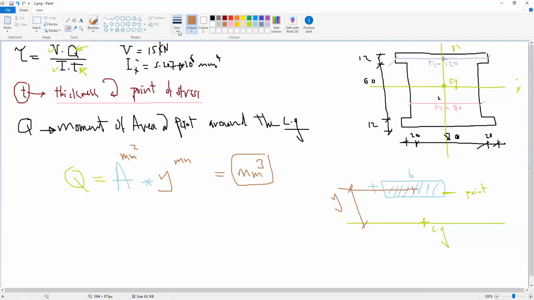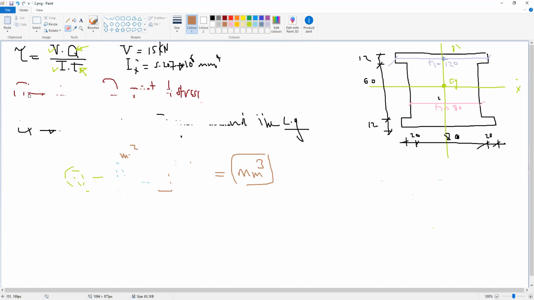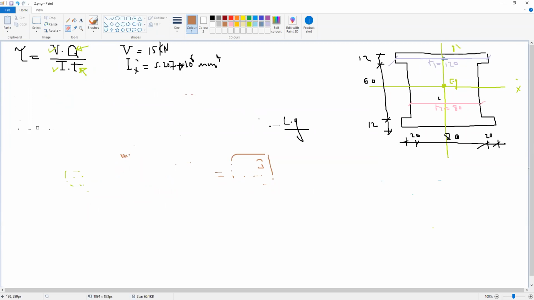If we return back to our problem here, you can select the cut tool to be faster.